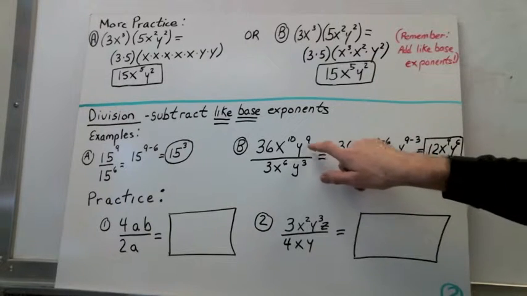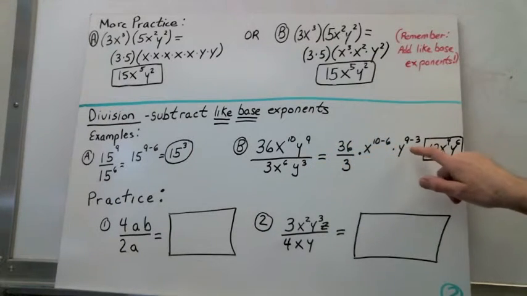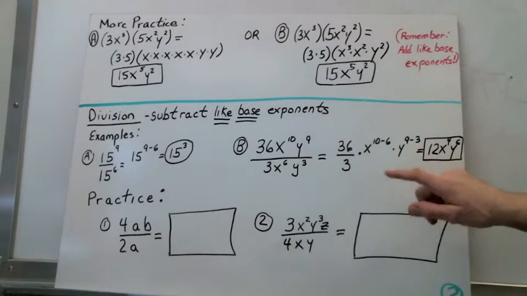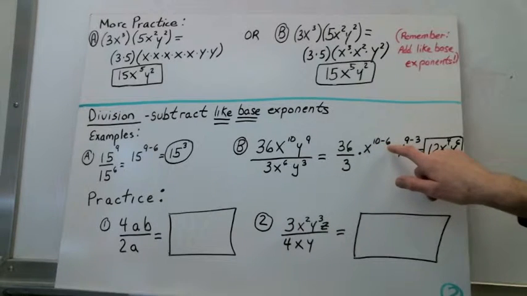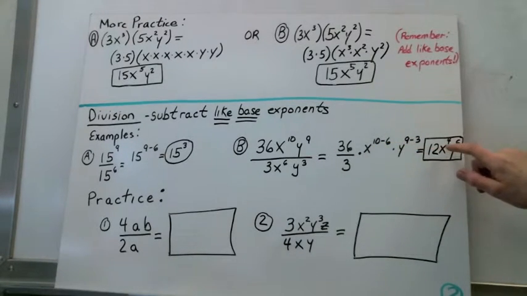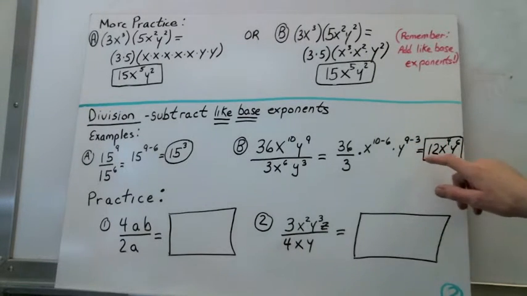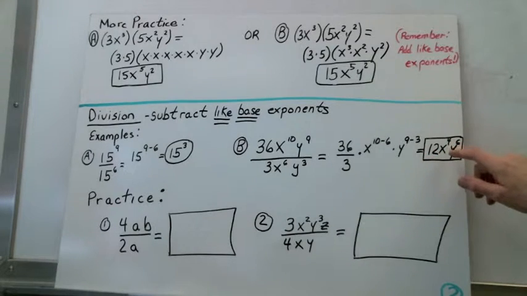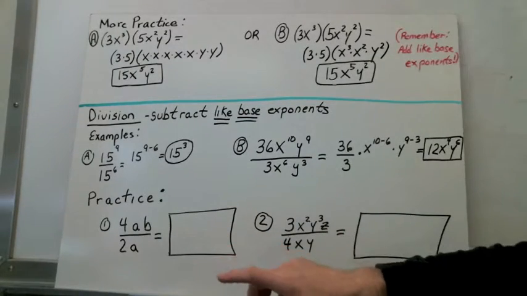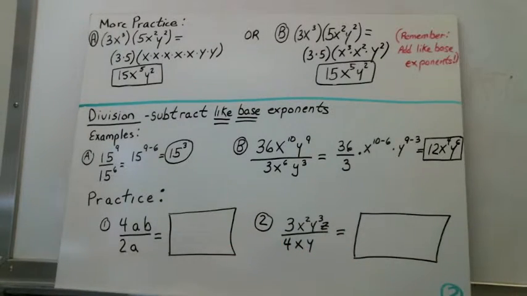And we have y to the 9th, y to the 3rd. We can subtract that too, okay? So if we take 10, subtract 6, we get x to the 4th. We get 9, subtract 3, we get y to the 6th, okay? Our final answer becomes 12, x to the 4th, y to the 6th. Remembering that we have like terms, and we are going to divide when we have like terms.